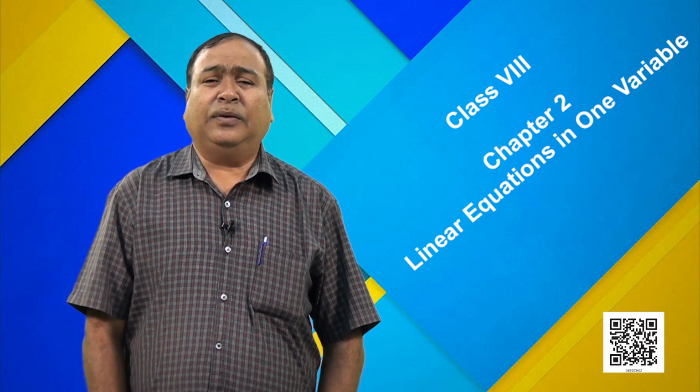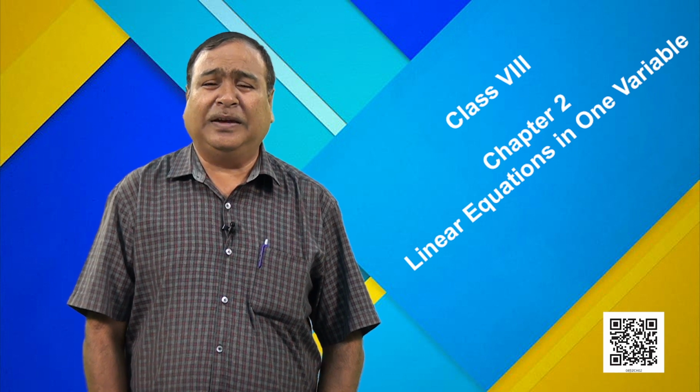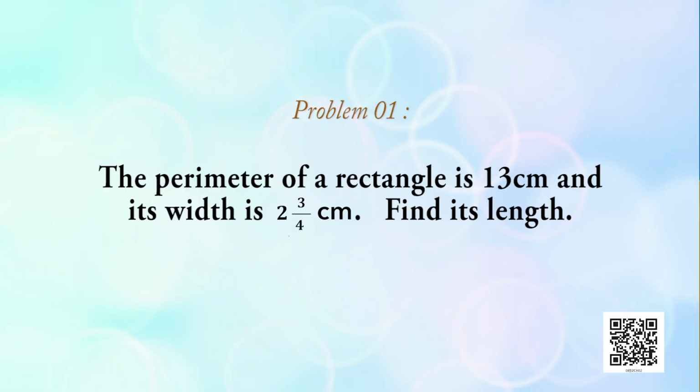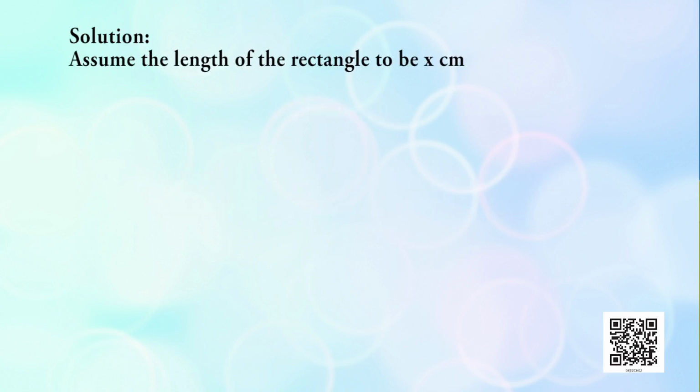Students, now let us look at some word problems involving the above type. First problem, the perimeter of a rectangle is 13 centimeter and its width is 2 3/4 centimeter. Then find its length. To solve this problem, let us assume the length of the rectangle to be x centimeter.